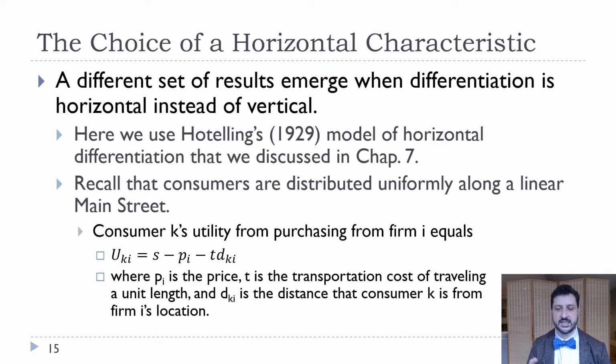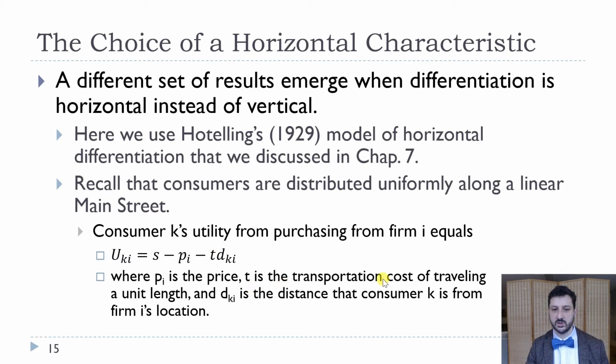And remember that the idea here is we're sort of using an analogy where consumers are distributed uniformly along a linear street, or sometimes we call it a beach, but it can represent tastes, right? Horizontal tastes. And the idea is that you get utility from consuming the product, that's S, and then minus the price you have to pay, and then minus some transportation cost, right?